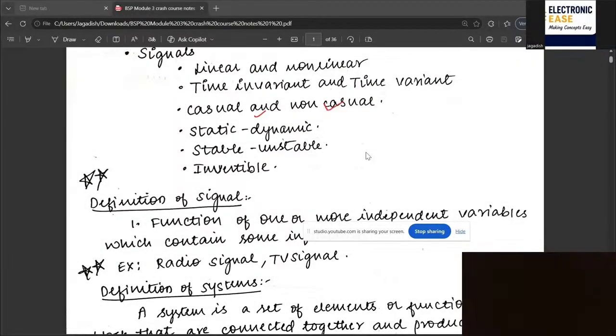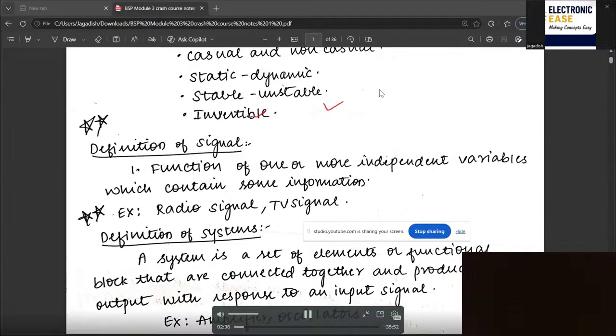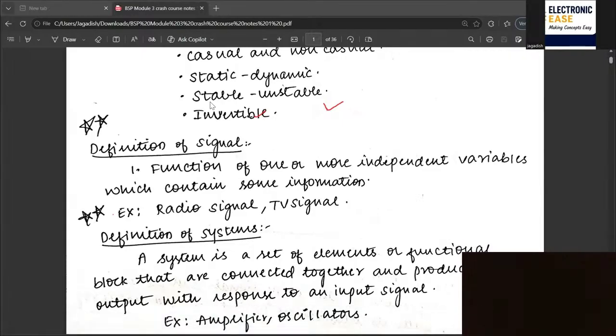Next, what is the definition of a system, students? A system is a set of elements or functional blocks that are connected together. This is your functional block.